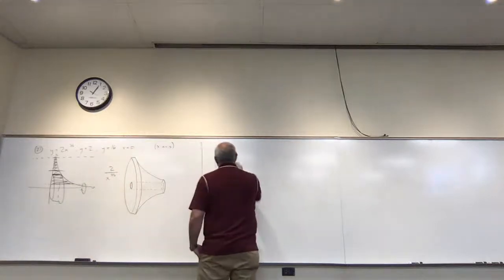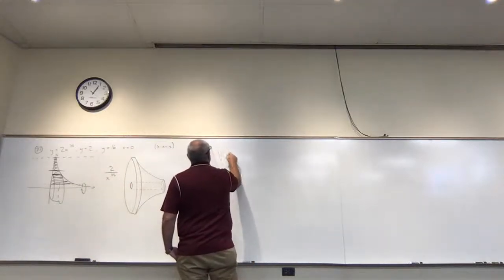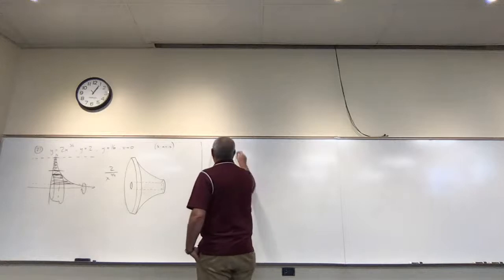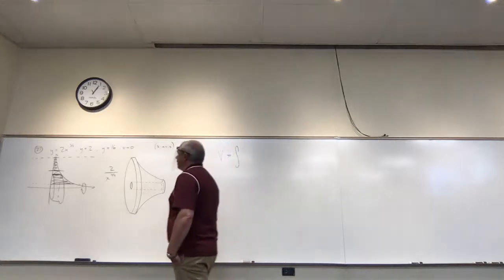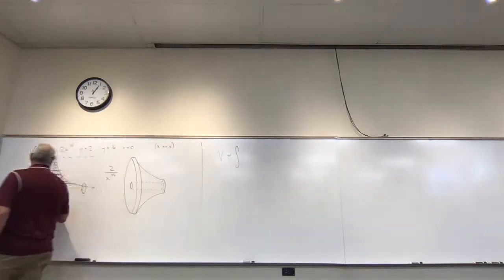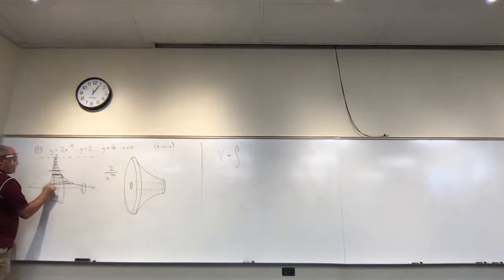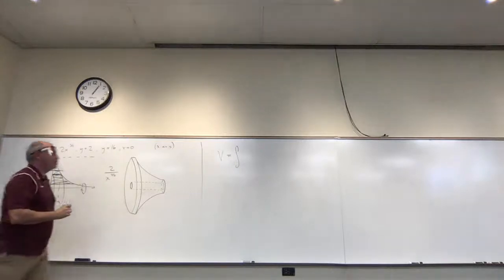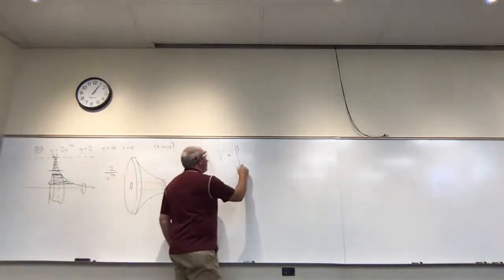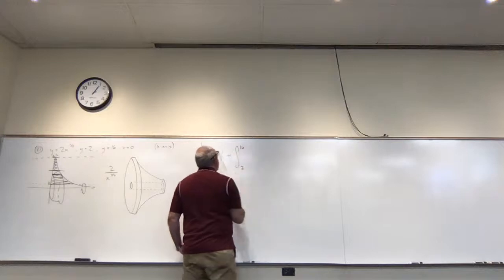Okay, so our volume that we're looking for here should be the integral from something to something. So this is where I start cutting at 2. This is where I stop cutting at 16. So we're going to take an integral from 2 to 16.